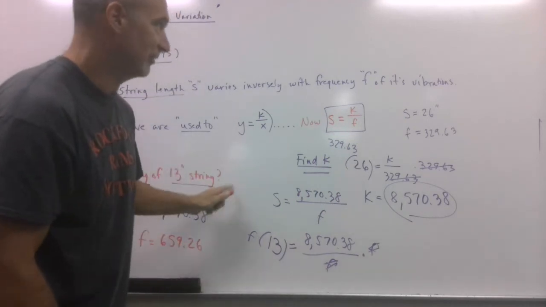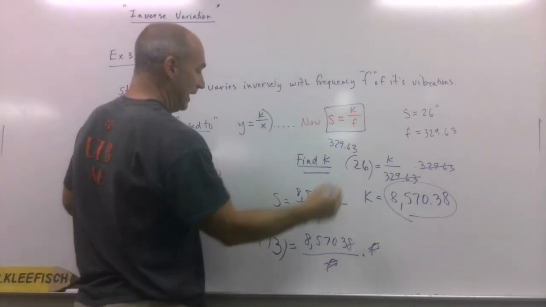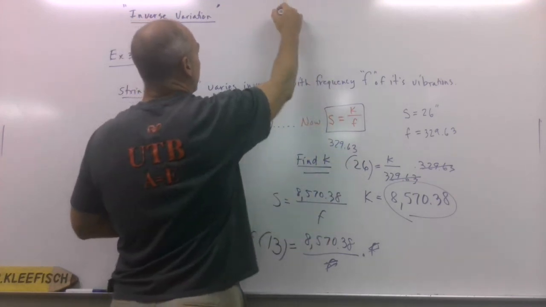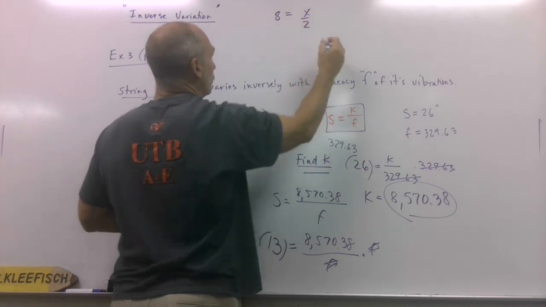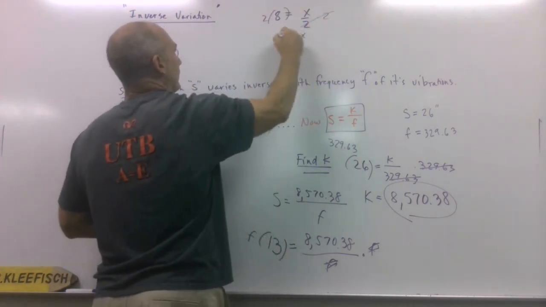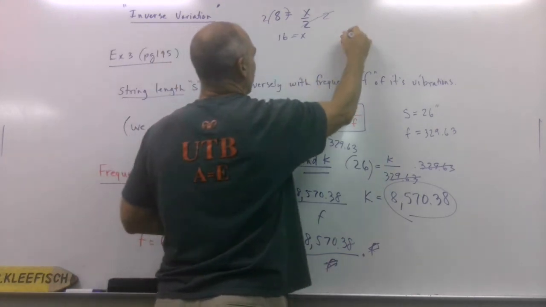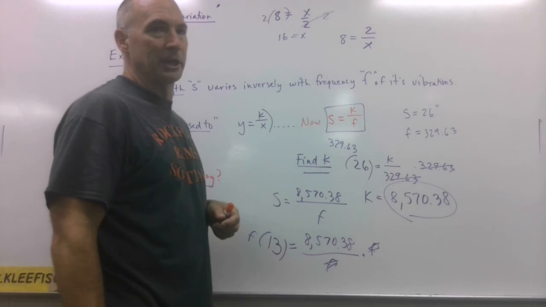So with that being said, I want to make sure you guys understand that if I have something like this, 8 equals x over 2, you just multiply by 2, and you get x is 16. But a lot of you guys struggle if the darn variable's down in the denominator.